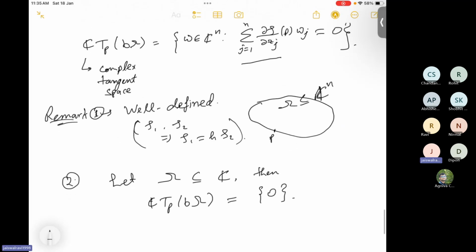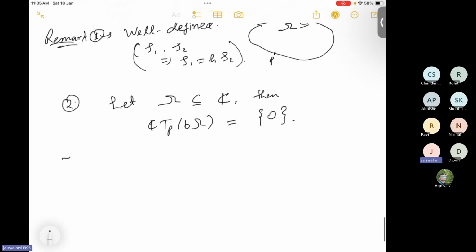Okay. And the third one, this is how we define it.